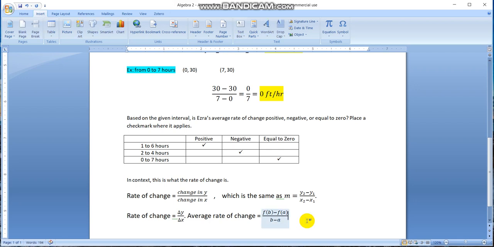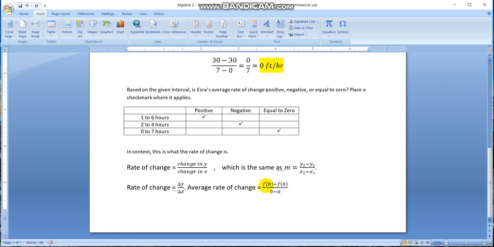That might be another way you might see that. They all mean the same thing, but basically this is the output of b, and this is the output of a. So basically it's the same thing as the slope formula. But yeah, that's just one other thing I want to show you if you try to look up other videos.